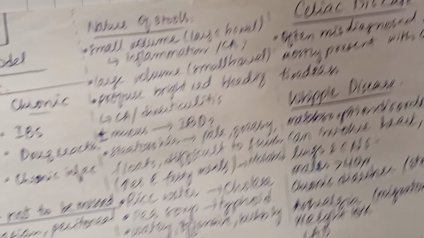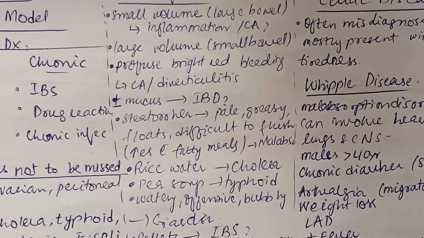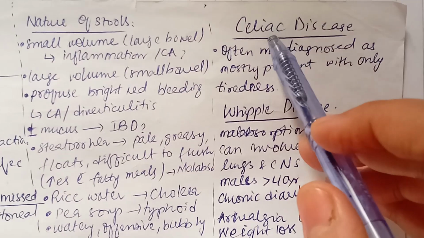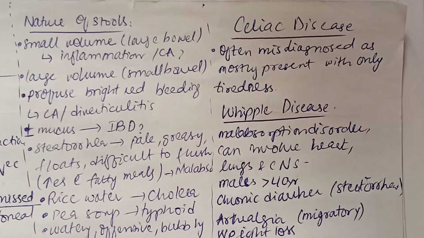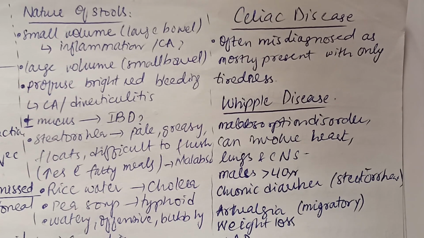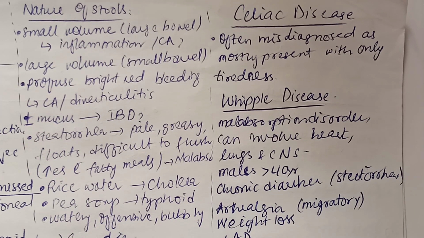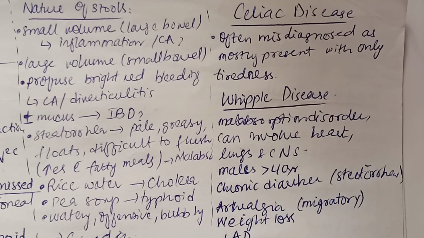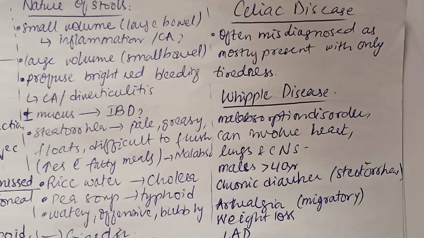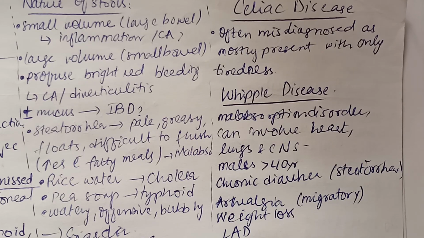Sometimes some diseases have certain non-specific symptoms. For example, celiac disease. Celiac disease is often misdiagnosed, as most of the time it is presented to you only with the complaint of tiredness. The GIT symptoms are not present.